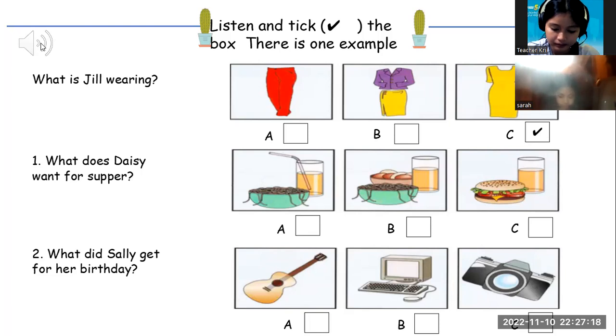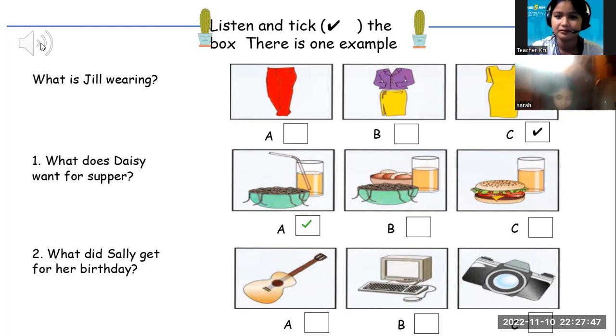1. What does Daisy want for supper? I'm hungry, Mum. What would you like for supper, Daisy? A burger? No, I had a burger at school today. Can I have some pasta? Yes. With some juice and bread? I'm thirsty, but I don't want any bread. 2.